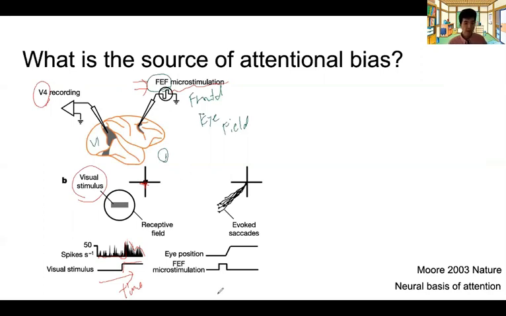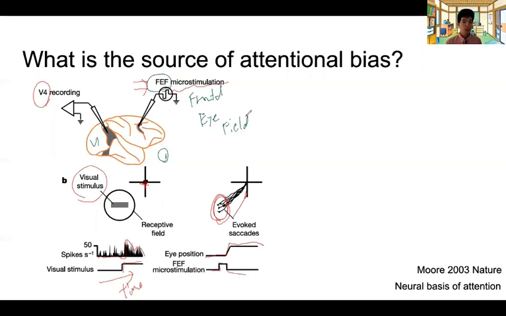If the stimulation is really micro, then most likely the columnar organization of the FEF allows neurons with a similar preferred movement field, or target of the eye movement, to be activated together, and that induces an eye movement. Here, stimulating one particular area of the FEF resulted in the eyes moving toward the bottom left. Eye position goes from nothing to something, and this is the duration of the FEF stimulation.